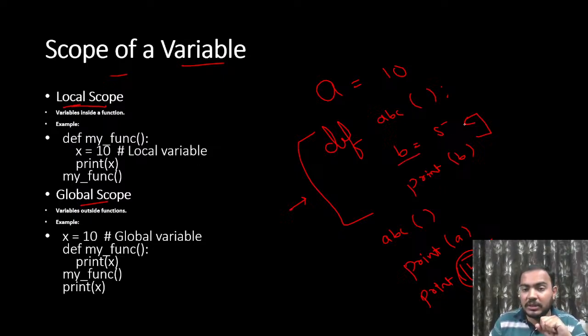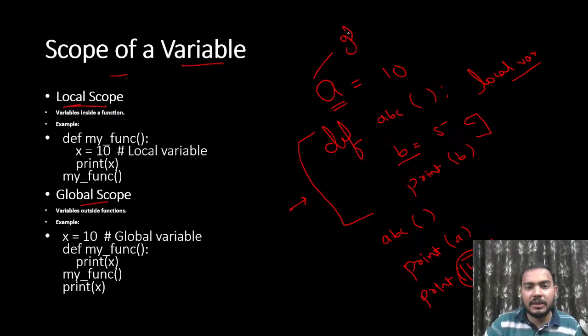So we can call such variables local variables, because these variables were defined in a local scope, that was the function's body, and they cannot be used outside the function body. Whereas, this variable a was declared at the top of the program, outside the function, before the function's definition.